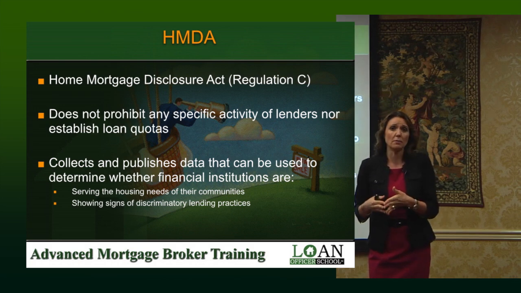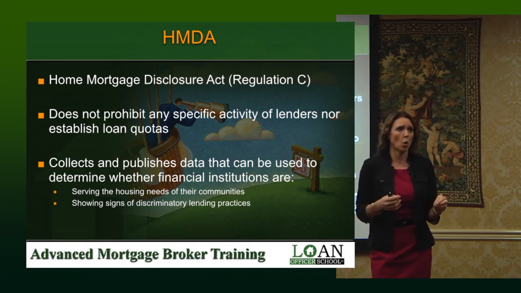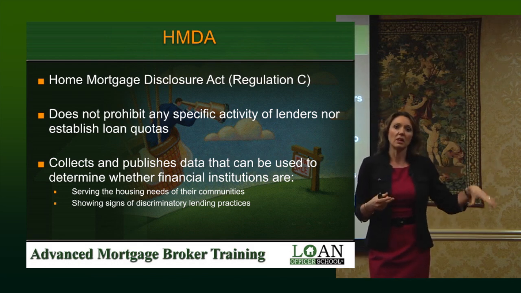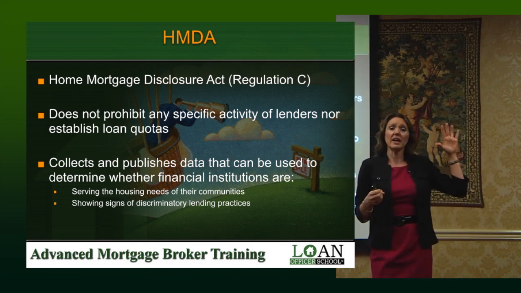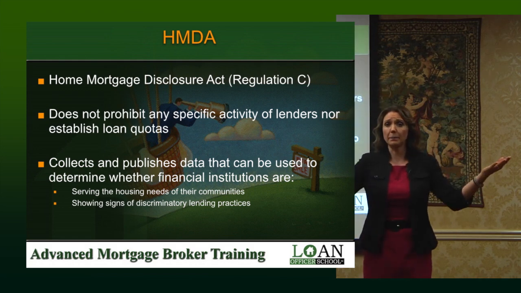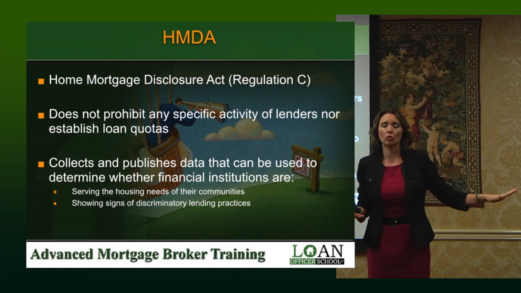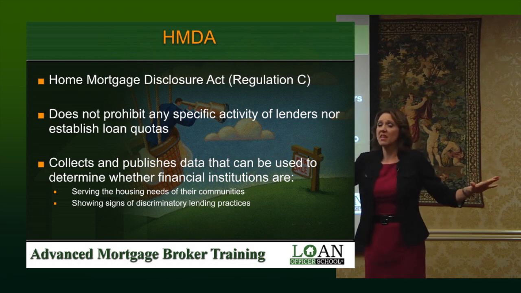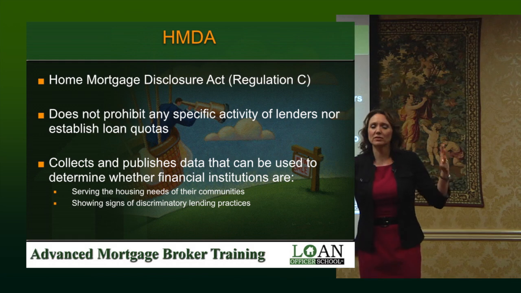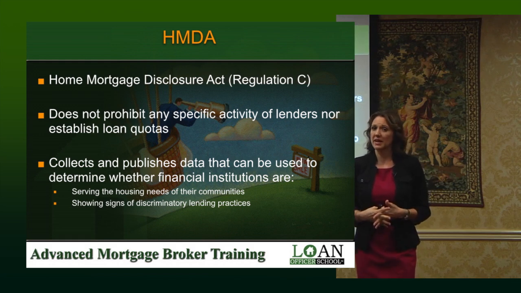Now, if there's a justifiable reason because of debt or credit problems or other issues along those lines that this group of people did not get the same rates, that's fine. But if really it's apples to apples and this minority group is getting higher rates and payments than this affluent white group is getting, then there's a discriminatory practice in place and something needs to be done about that.